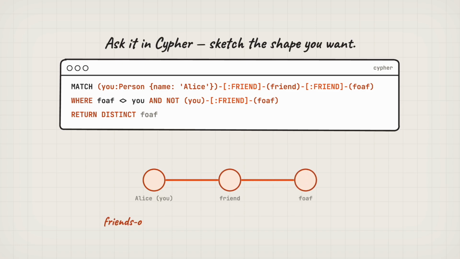You are literally sketching friend of a friend as a picture, and Cypher goes and finds every person who fits that shape. That's the whole feel of it. You describe the shape you want, the database goes and walks the connections for you. You are not telling it how to search, you are just telling it what the pattern looks like.